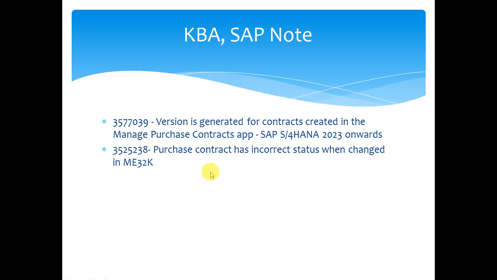To fix that issue, SAP has provided a correction note. We need to implement that note, and after that, even if we change the contract in ME32K, it will not change the processing status. It will remain as it is. This is the new change introduced in SAP S/4HANA 2023 onwards.